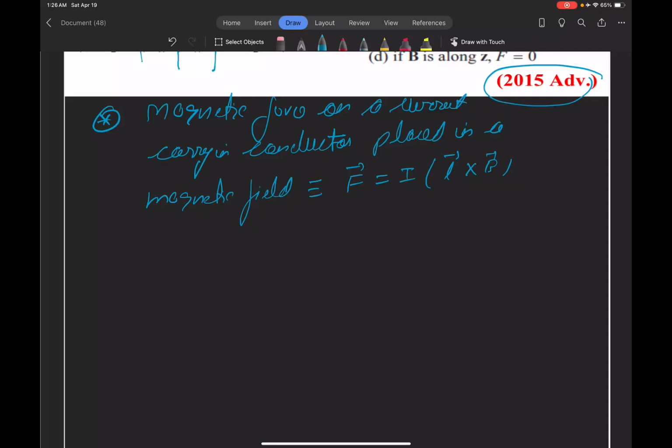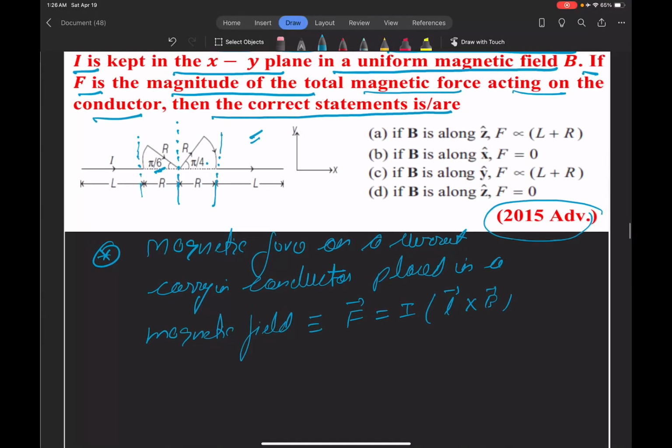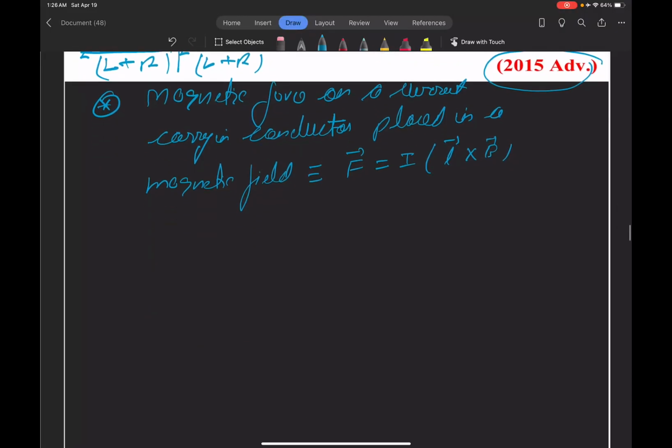If we see the geometry of the conductor given in the figure, we can clearly understand that the wire is shaped as two segments, and the entire thing is aligned along the x-axis, that is the direction of current, and each has a length L plus R. Okay, so we can divide the entire length into two parts. This is our first part, length L plus R, and this is our second part whose length is also L plus R. The direction of current is along the x-axis, that is the i unit vector.